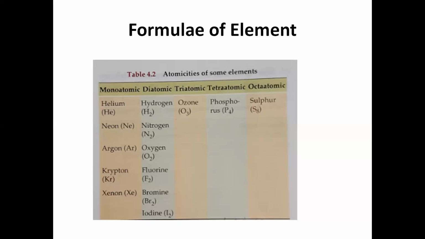A common example of a triatomic gas is ozone, represented by O3. Tetraatomic is phosphorus, represented by P4. Octaatomic is sulfur, represented as S8. A molecule having an atomicity greater than 2 is called a polyatomic molecule.